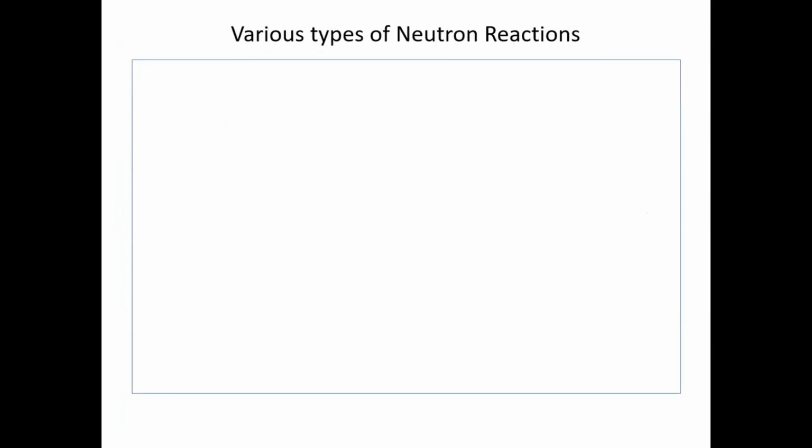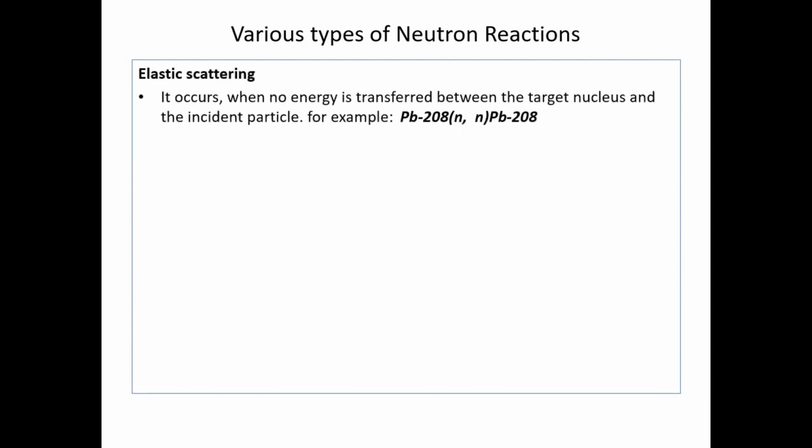Let us look into certain details of the neutrons reacting with the nucleus. If we have produced a source of neutrons and we want to use neutrons for certain nuclear reactions, we have seen that the neutrons generally do not show any reaction with the electrons outside the atom. They have a tendency to react within the nucleus.